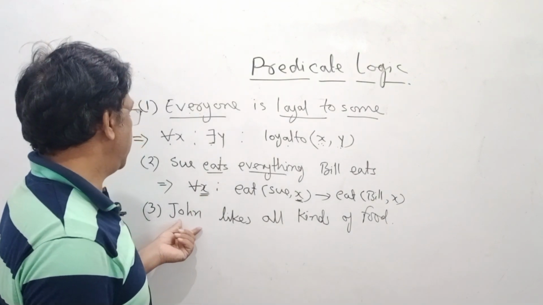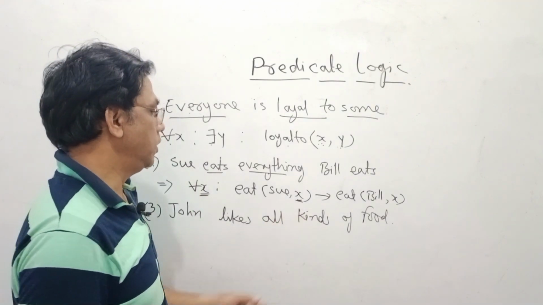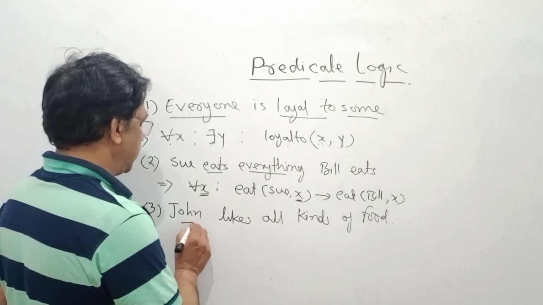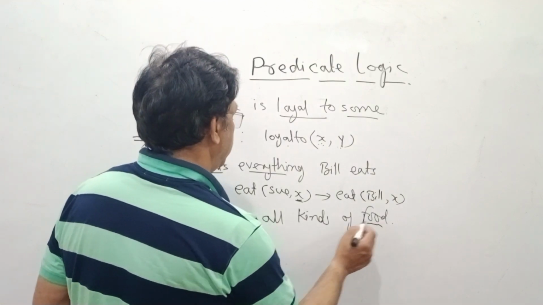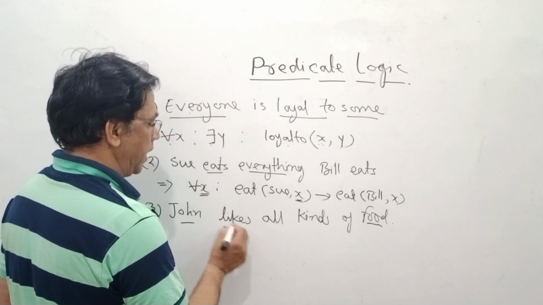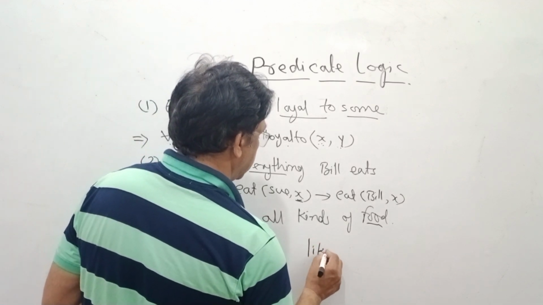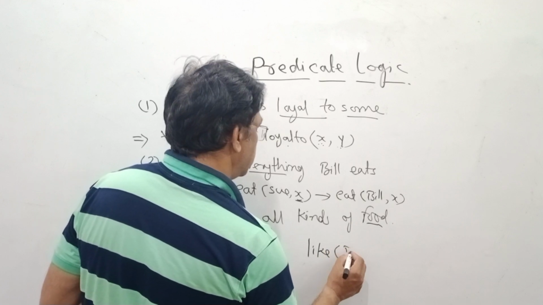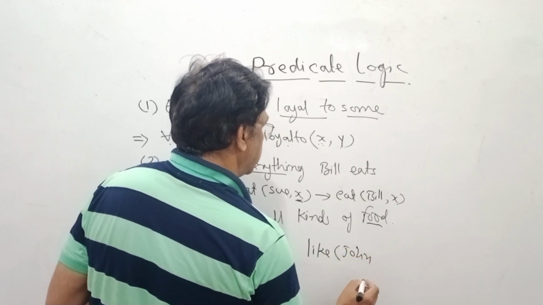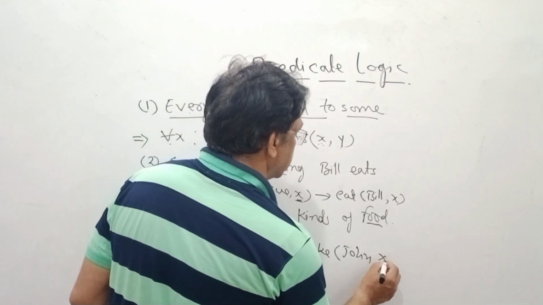Now in the third example: John likes all kinds of food. Here we see two objects, John and food, and the relation between them is likes. So we will write likes, then John, then x.